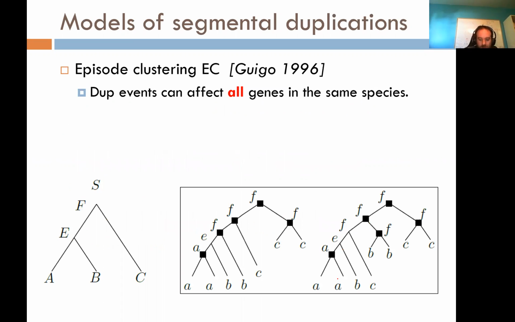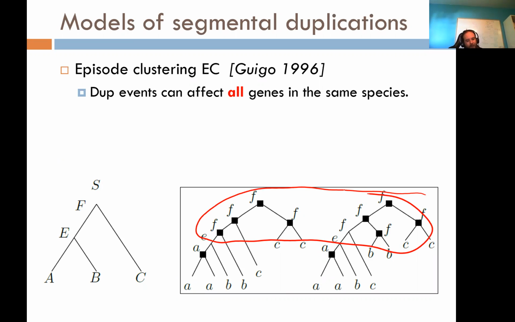The earliest model, to my knowledge, is that when you have many gene trees and duplication events, you might decide to cluster in the same segmental duplication all the genes that belong to a common species. This is a very loose model. On this example, it would just say that all these duplications that are mapped to the F species are just one major event.